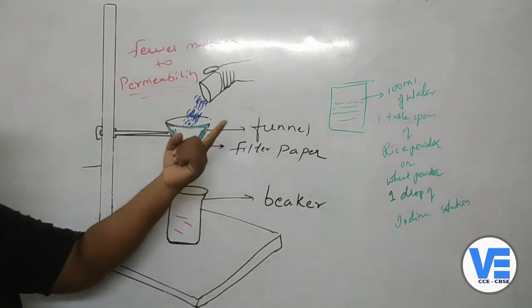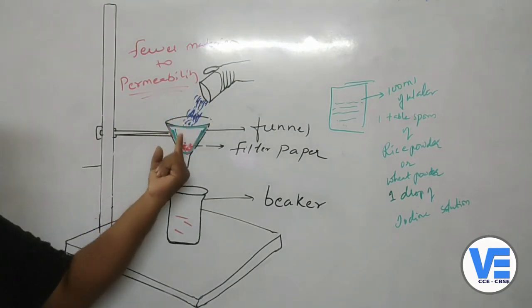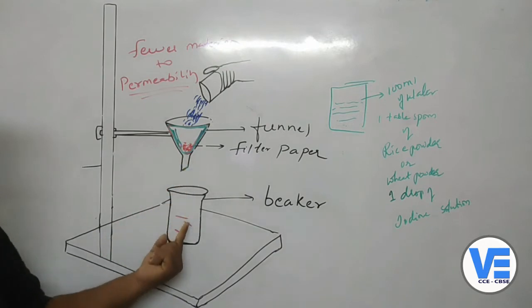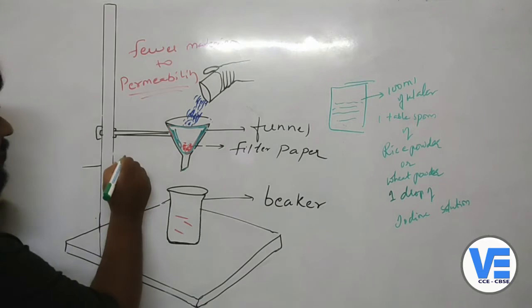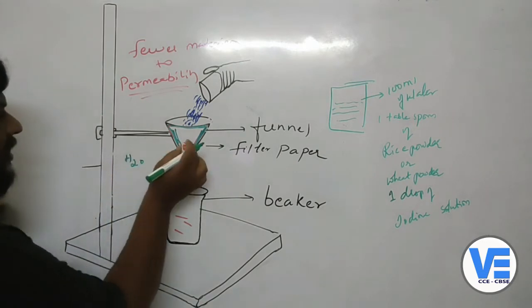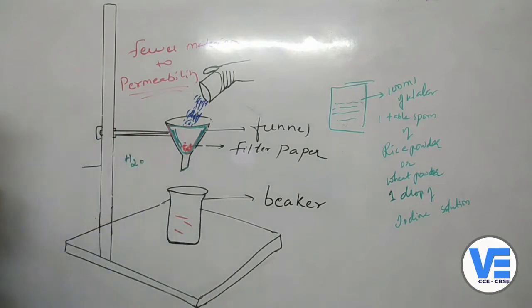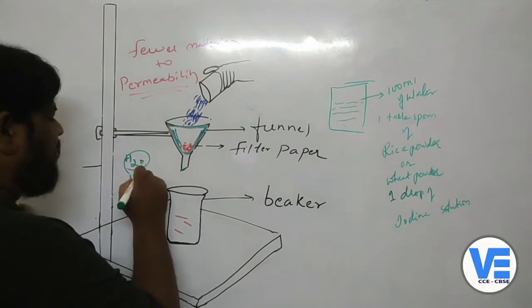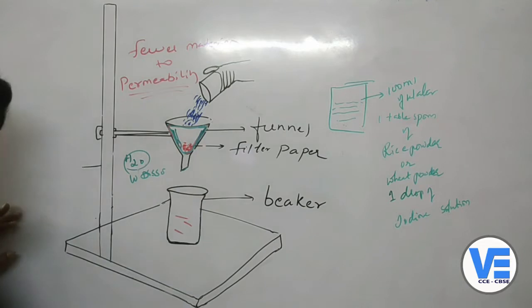The water will pass through the filter paper and come into the beaker. First one is water. Second one is the things which are soluble in the water, the things which are dissolved in the water. So the wheat flour or the rice flour which is dissolved in the water will also come into the beaker.